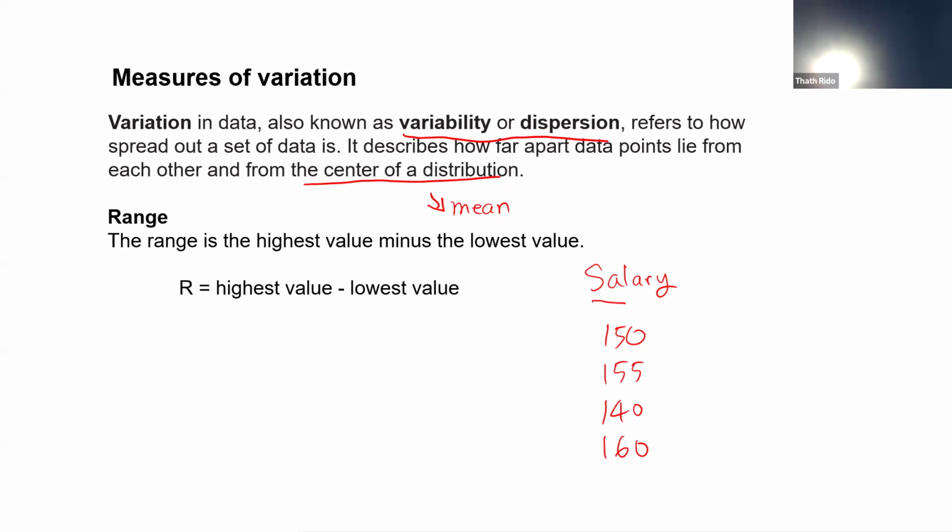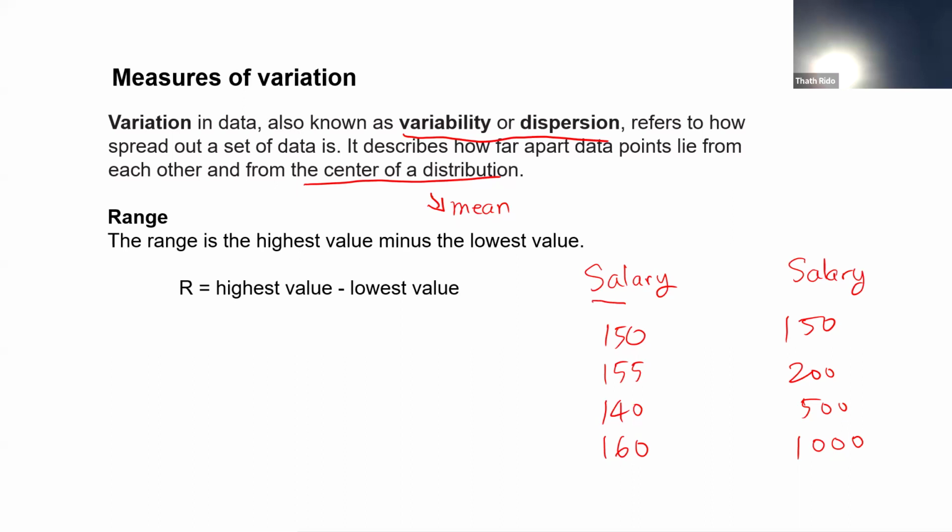So that's city A. But in city B, some people got 150, but some people got 200 or 500, or it can be 1,000. You can see in these two cities, in terms of variation, city B's variation is larger.